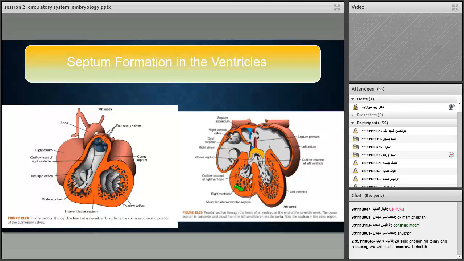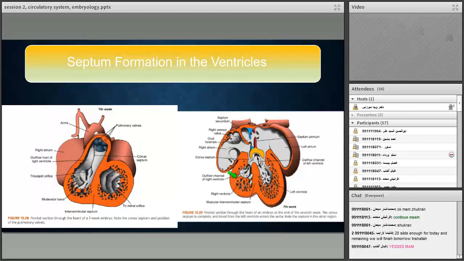One of the forms of septum formation is that one region or area of these chambers won't grow, but the sides beside this region are growing so much. So this region will form a septum between these two chambers.